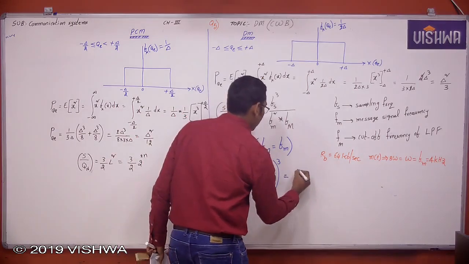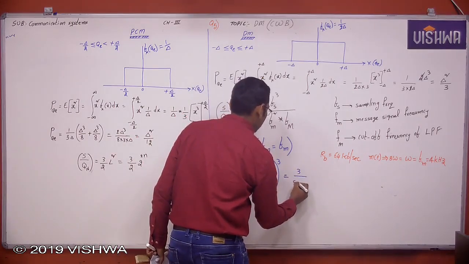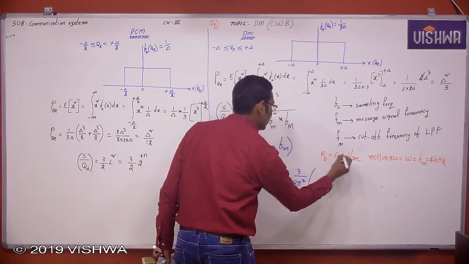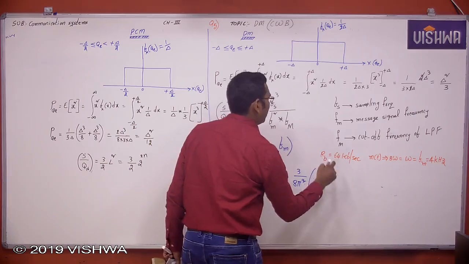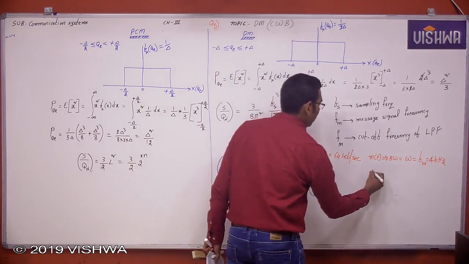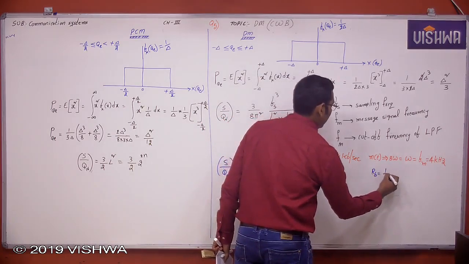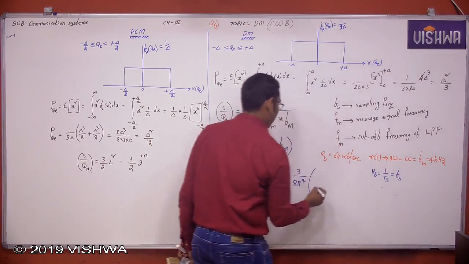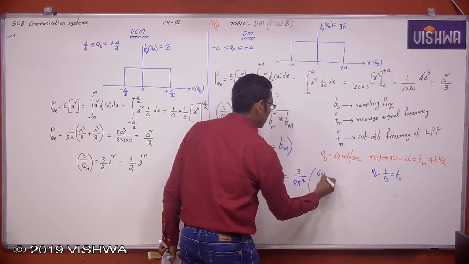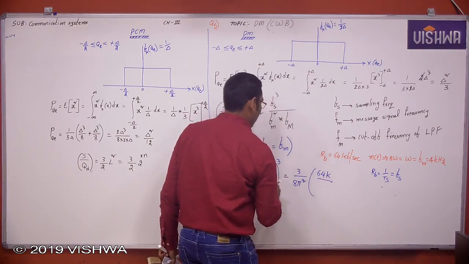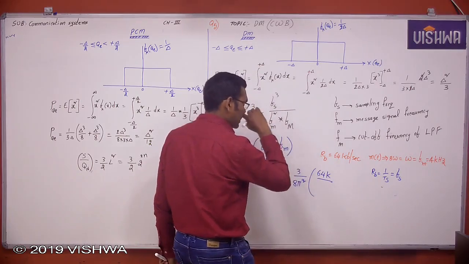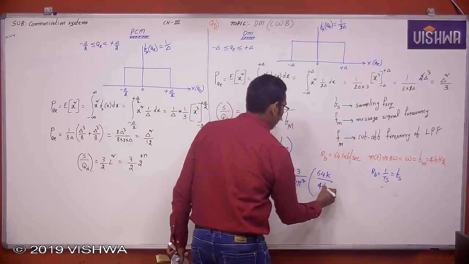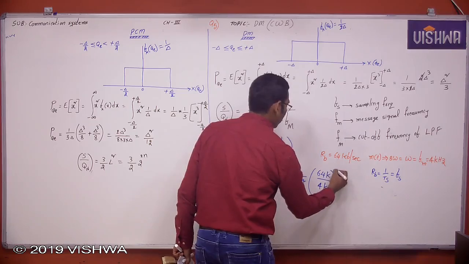The signal to quantization noise ratio of a delta modulation is 3 by 8 pi square into the sampling frequency. In delta modulation, you know, bit rate is equal to sampling rate, which is equal to sampling frequency, all are the same. Therefore, it is 64 kilo by Fm, the frequency of the message signal. What is the frequency of the message signal given? 4 kilo, whole cube.